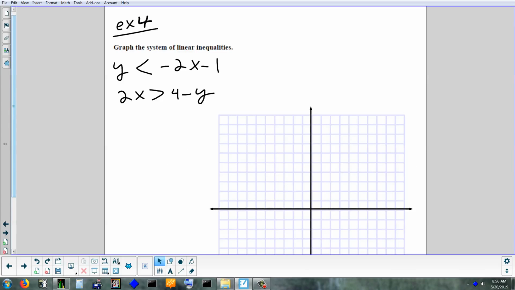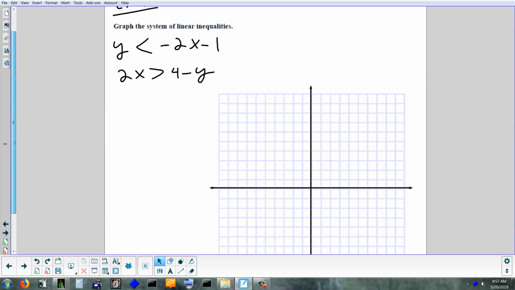Is there one of these we can graph right now, without messing around with it? The top one. Top one is good.